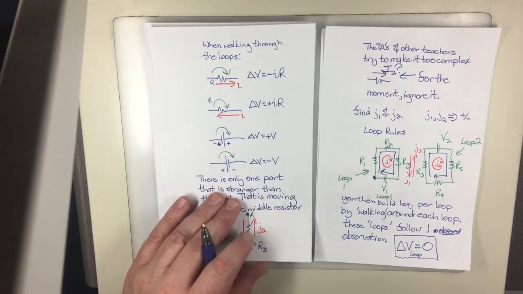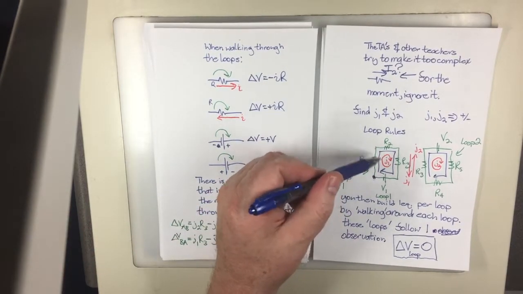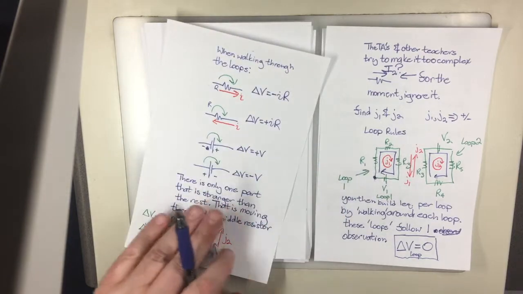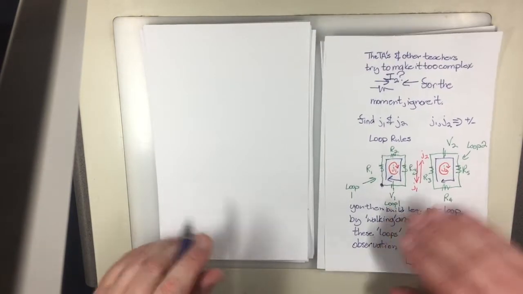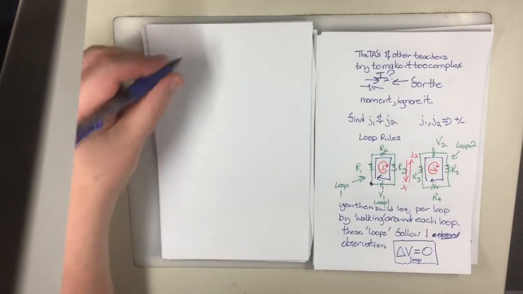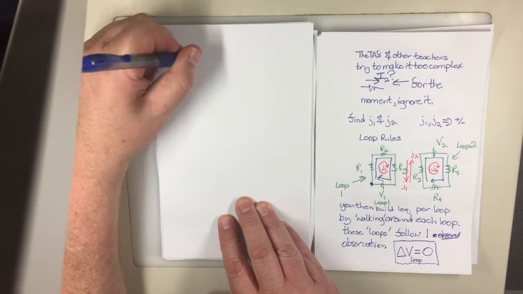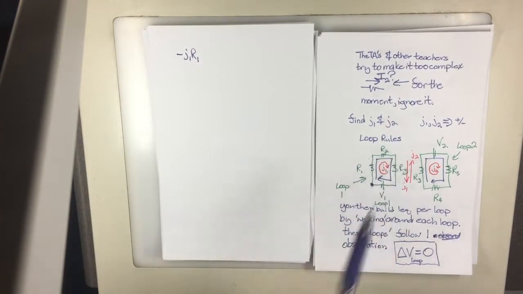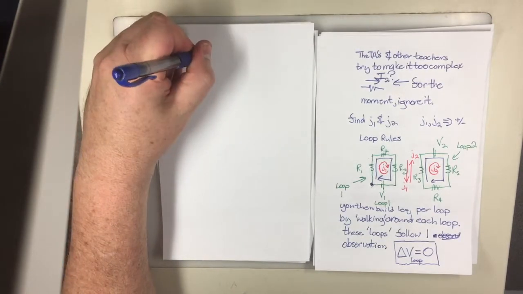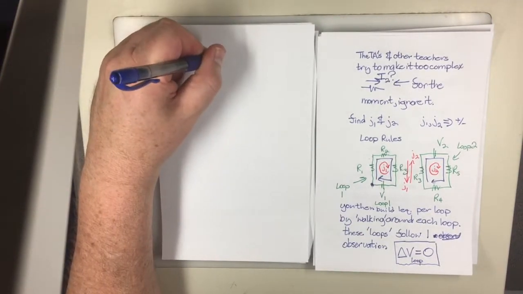In loop 1, I go from there to there with J1. So what happens is I'm going with J1 across R1. So it's minus J1 R1. Then I go from there to there with J1, so minus J1 across R2.